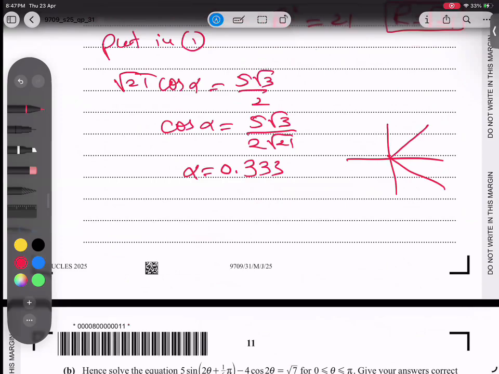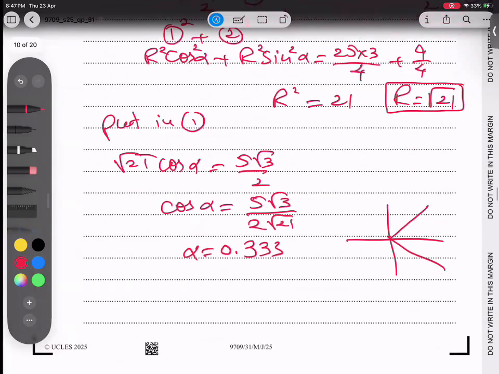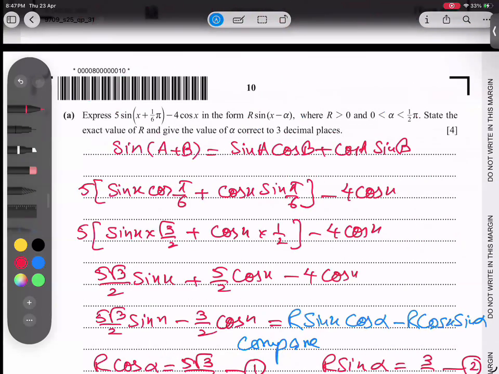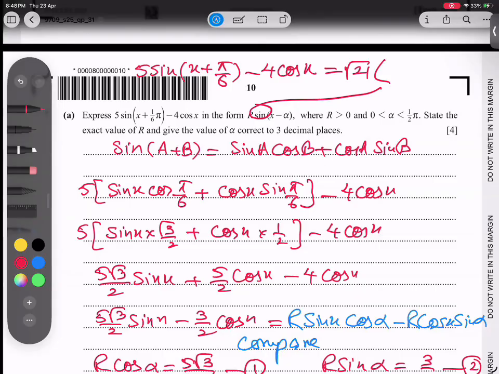But I will do one extra job. What is the extra job? I will plug back into this whole equation which I have. I have 5 sine x plus pi by 6 minus 4 cos x is equal to root 21 and bracket sine is there, sine of x minus 0.333.